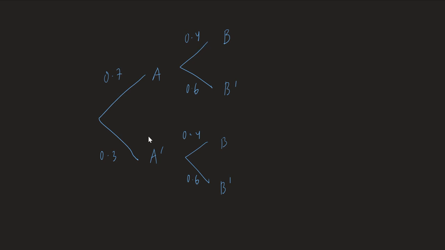Probability of B given A is 0.4 and probability of B given A prime is 0.4. Because probability of B given A is equal to probability of B given A prime, then this is an independent event. And because it is already the same, we can find out probability of B is 0.4.